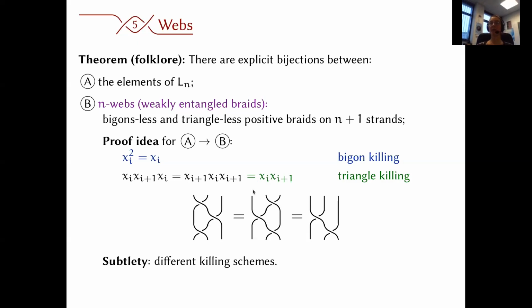But the problem is there are too many choices in what you're doing, and you are not sure at all that at the end you will come to the same web. And this is the question which I will explain at the end of this talk: why this idea of bigon killing and triangle killing gives you something well defined.